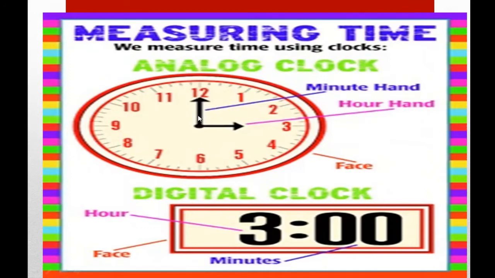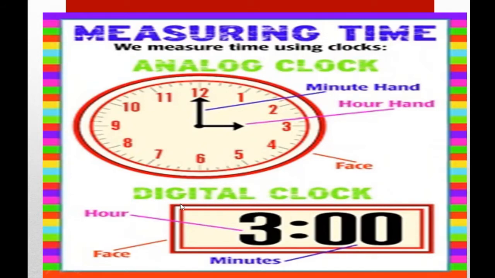There are two hands present here. Actually, there is one more small hand, but usually we take only these two hands. The bigger hand is called the minute hand, and the smaller hand is called the hour hand. And this is the face of the clock.